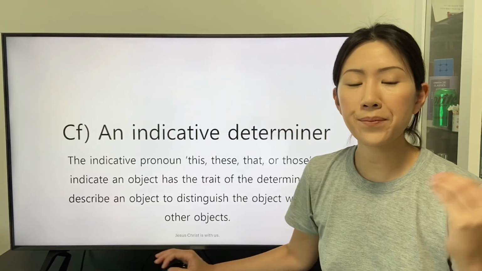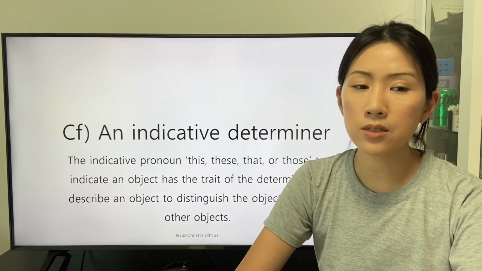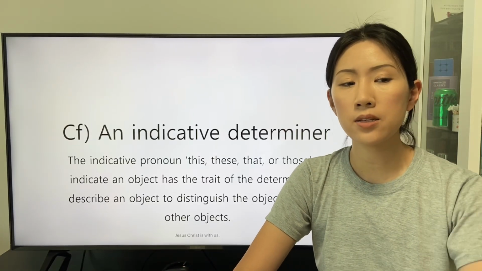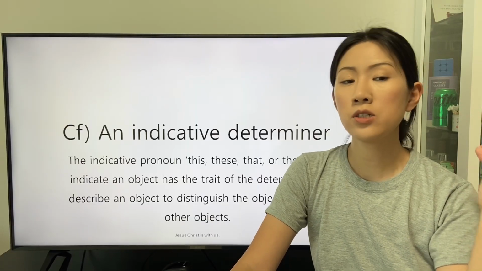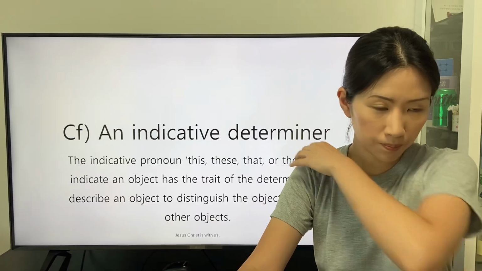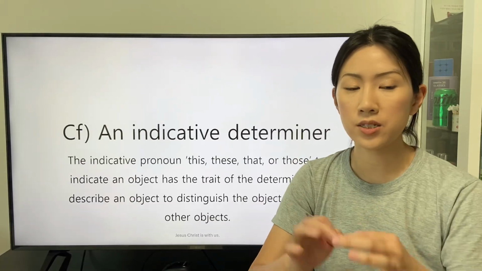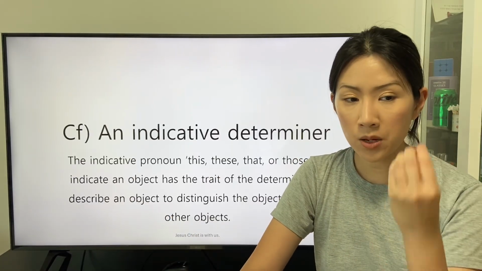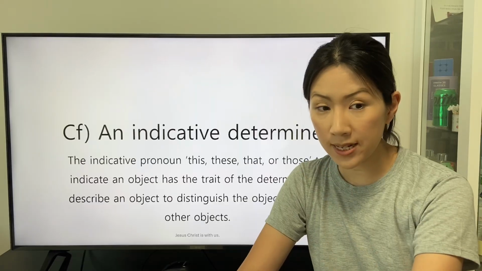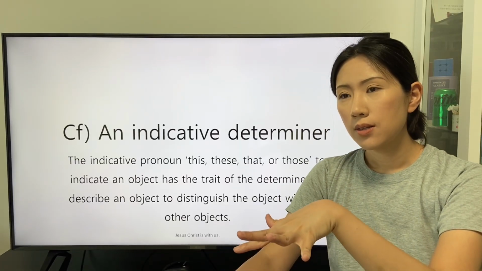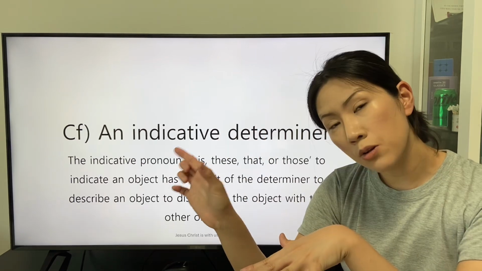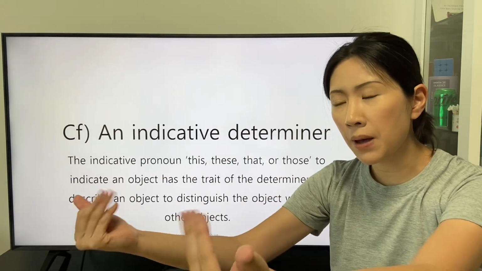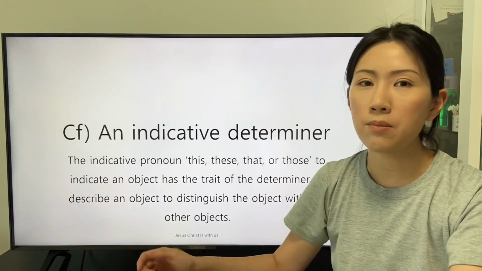The indicative pronoun this, that, or those to indicate an object has the trait of the determiner to describe an object to distinguish the object with the other object that is indicated by the same noun or pronoun described by the indicative determiner.